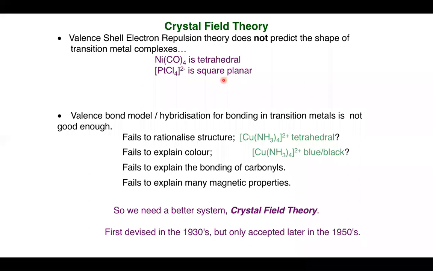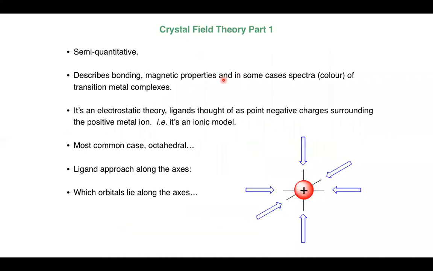So that was why the better system, crystal field theory, was developed. First devised in the 1930s, but only later accepted in the 1950s. So crystal field theory is semi-quantitative. It's got the splitting diagram. It describes the bonding pretty well, the magnetic properties, and in some cases the spectra, the color of transition metal complexes.